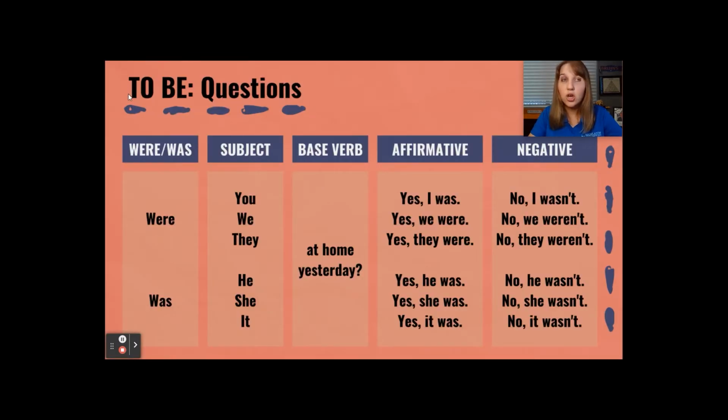Again, when we talk about the verb to be, it looks completely different. In this case, we start our sentence with the past form of the verb to be. And remember, when we talk about the plural form, you, we, or they, we use were. When we talk about the singular one, he, she, or it, we use was.